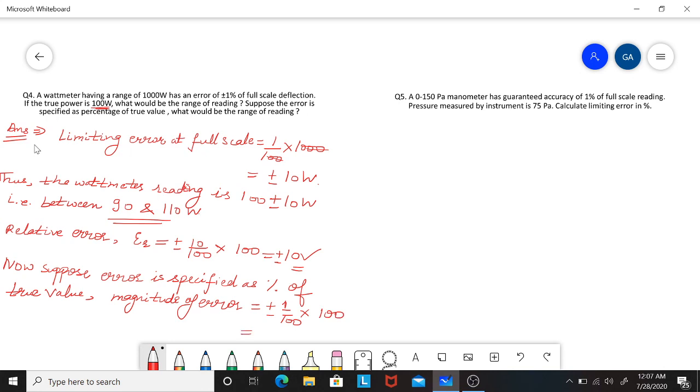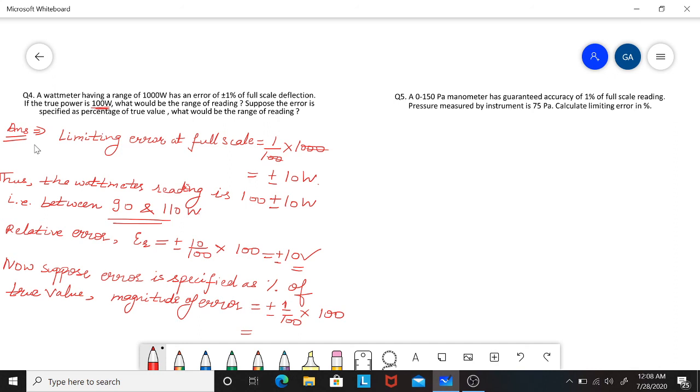Because they are saying the error is specified as percentage of true value. Now the true value is 100 watt. Earlier we calculated at 1000 watt, right? So on 100 it came as 100 ± 10 watt. Now in that case we can also calculate the relative error, 10% of this value.